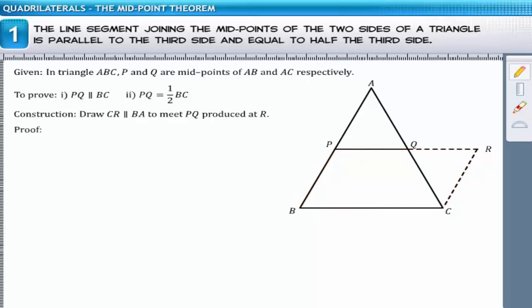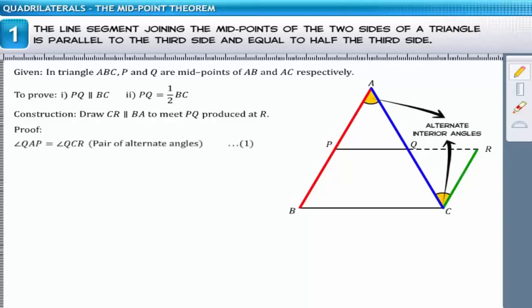Let's begin with the proof. By construction, we have drawn CR parallel to BA, and from the figure, AC acts as a transversal for them. This implies angle QAP is equal to angle QCR, as they form a pair of alternate interior angles.